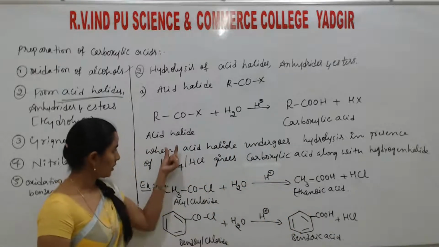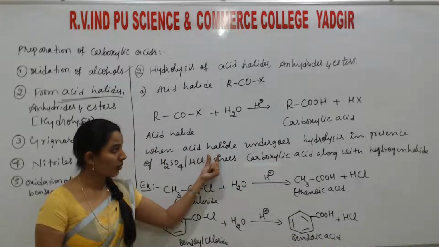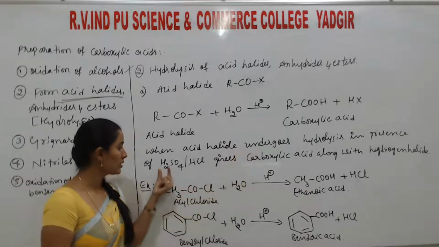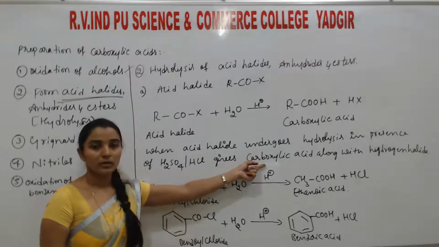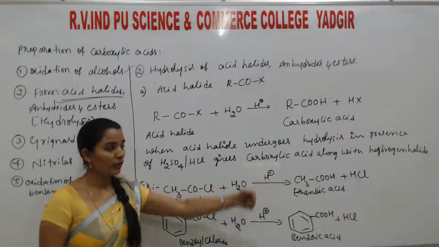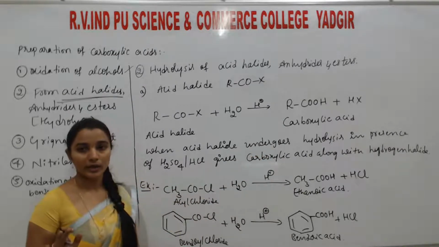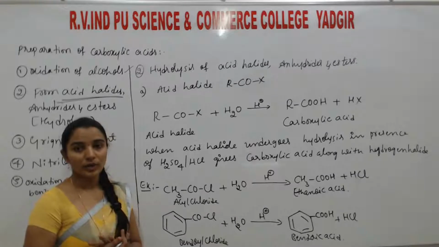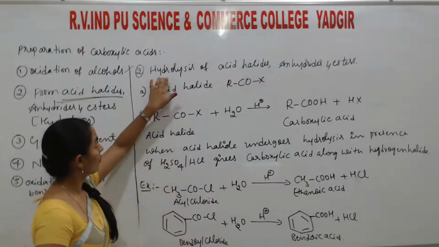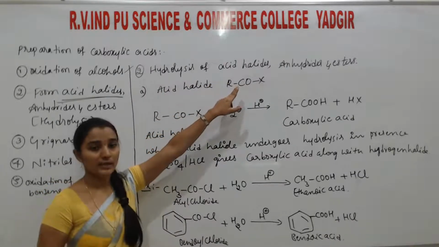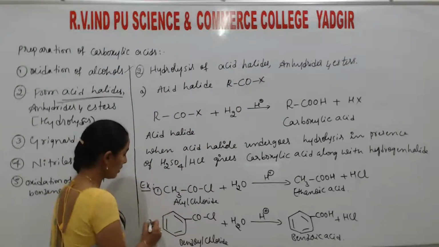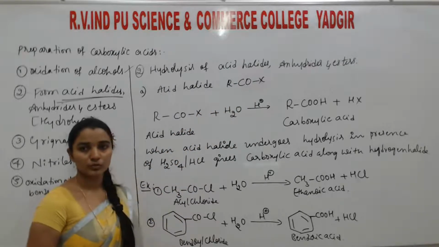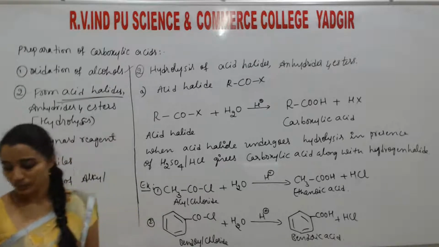So here you can write when benzoyl chloride undergoes hydrolysis in presence of H2SO4 or HCl, gives benzoic acid along with hydrogen chloride. This is how to read this. This is from hydrolysis of acid halide. This is the general reaction. These two are example 1 and example 2. Next.